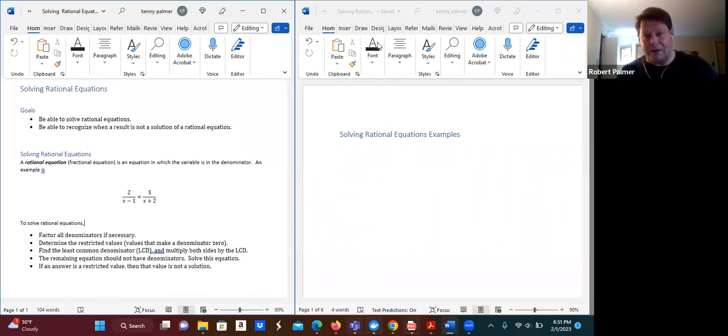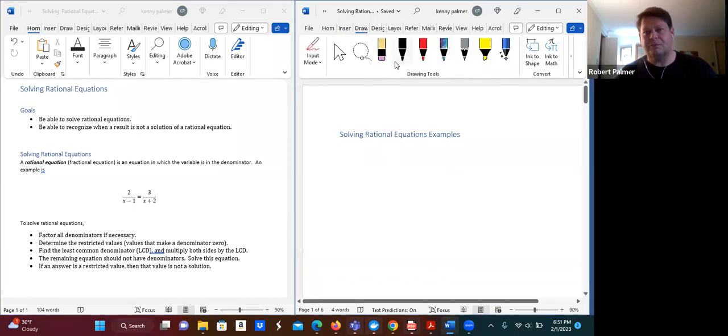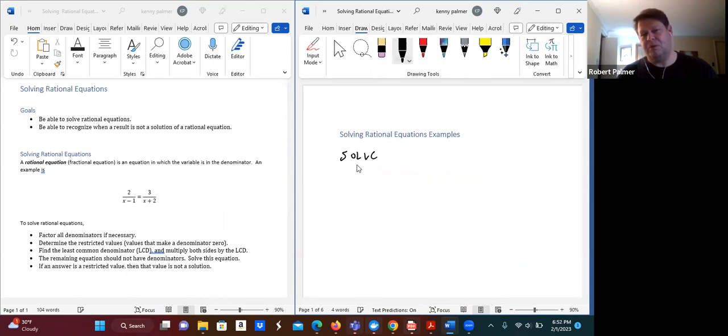Let's come over here to the right and take a look at our first example. I'll simply say solve. First, let's do just an example with regular denominators to review how this works.